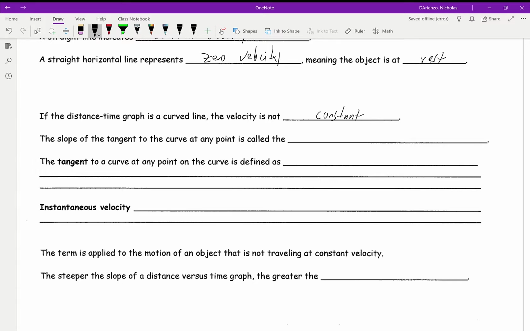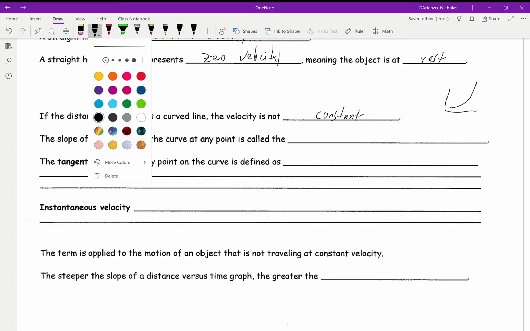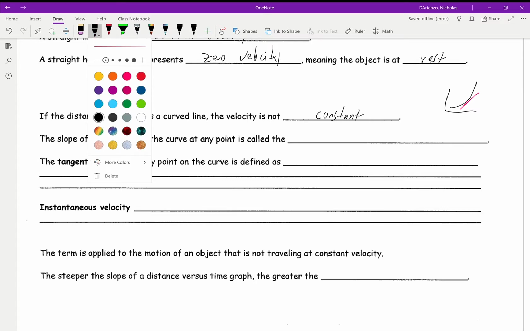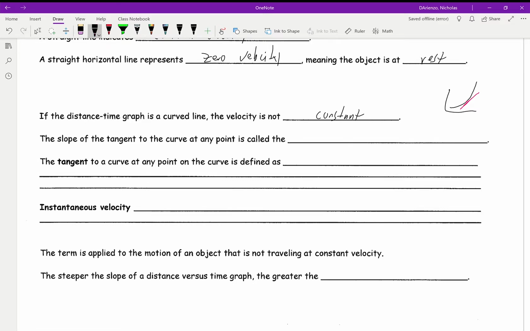And if we were to find the slope of a line that's tangent to that curve, where the velocity is not constant, so at any point along that curve, if we draw a tangent line, the slope that we have is going to tell us our instantaneous velocity at that moment. So this is the instantaneous velocity.